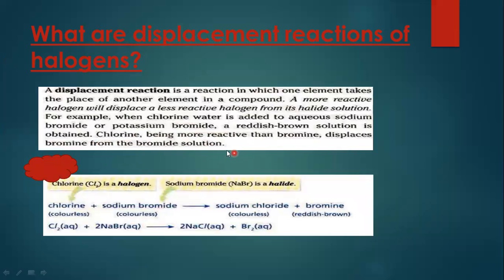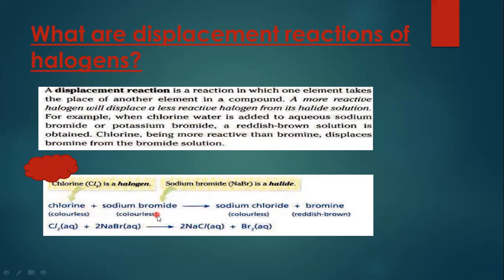So here we discuss that the element which is more reactive can displace the other halogen which is less reactive from its halide solution. This point is further explained by taking this example. Chlorine is a halogen, and when we react it with a solution of sodium bromide, what happens?